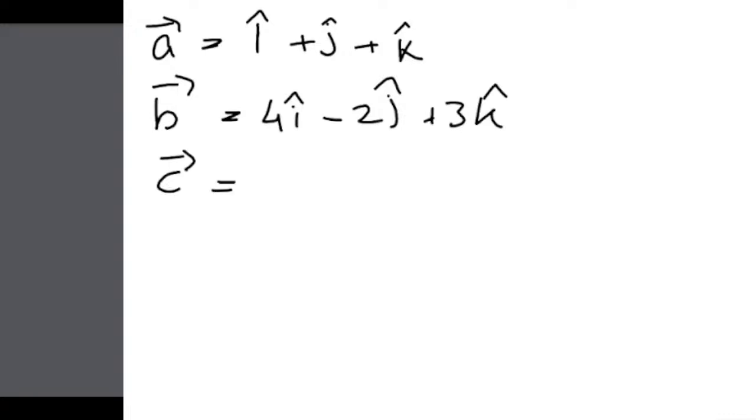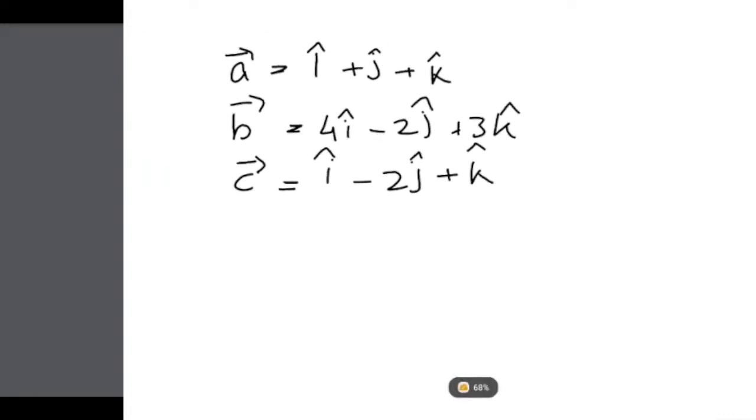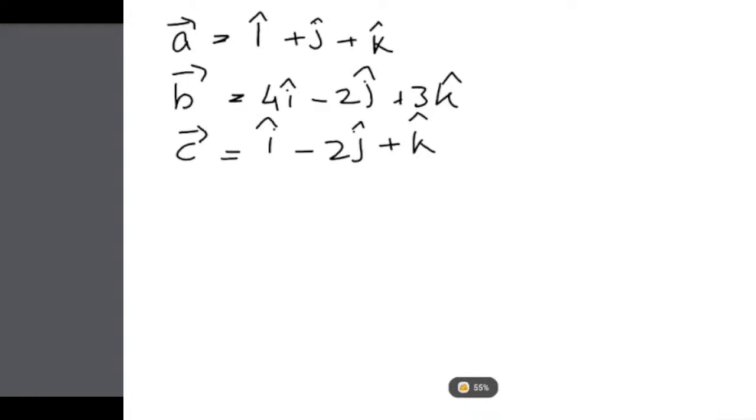C vector is equal to I cap minus 2J cap plus K cap, right? Okay, so we have to find a vector parallel to 2A vector minus B vector plus 3C vector.